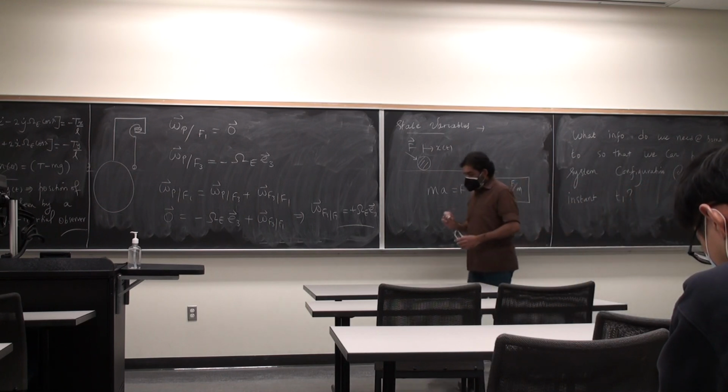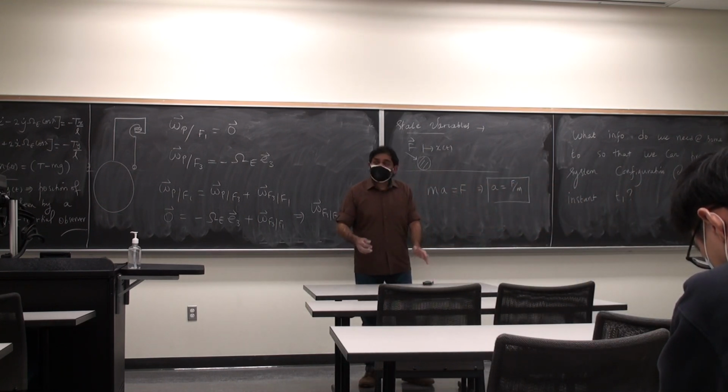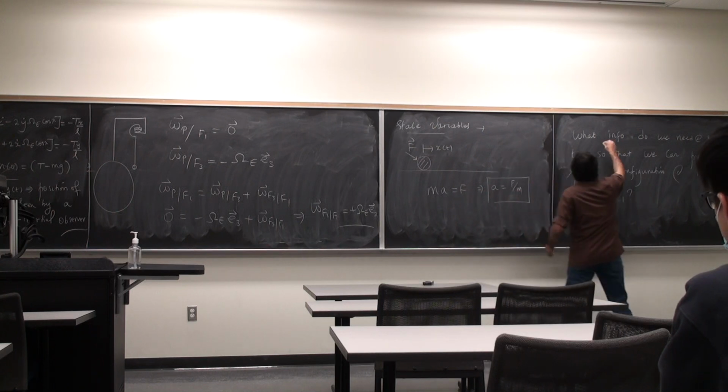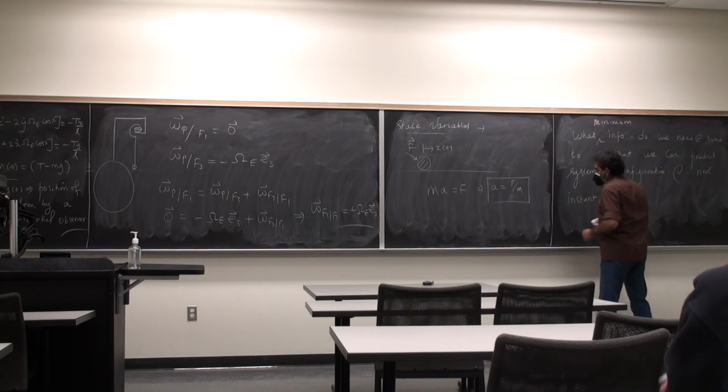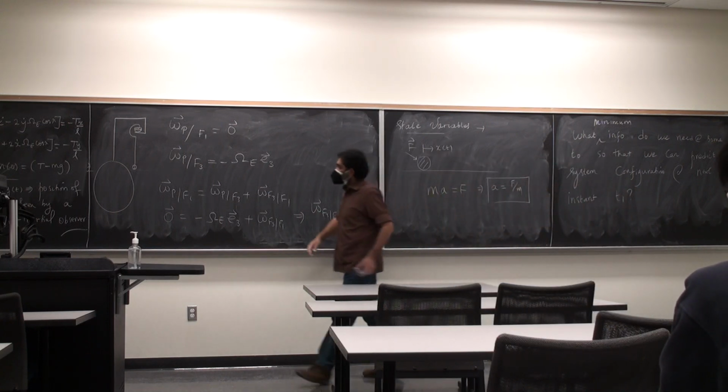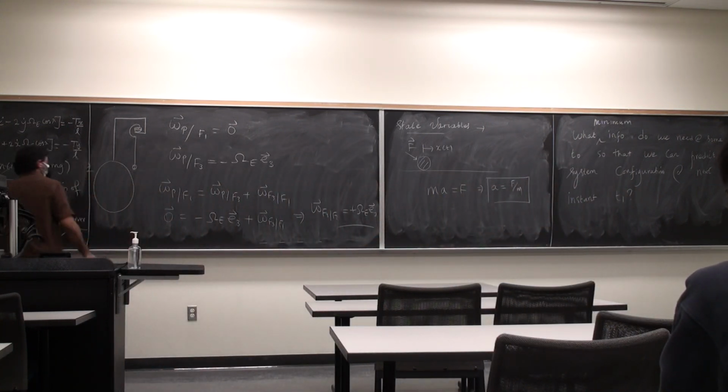And when I say what info, I say what is the minimum information that we have. If I have more information, I can certainly live with that, but at least what is the bare minimum that I have?